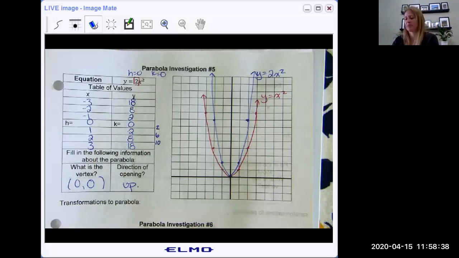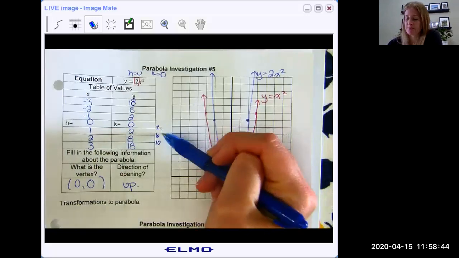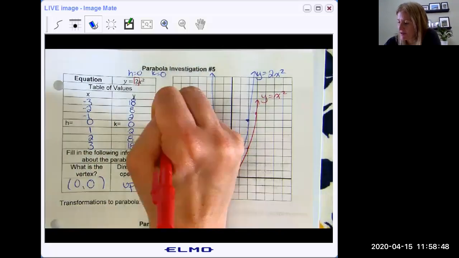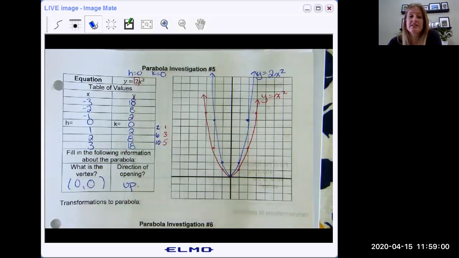Okay. So here we see that our step pattern is now over 1, up 2, over 1, up 6, over 1, up 10. If our parent function is a step pattern of 1, 3, 5, how have our step patterns changed? They doubled. How does that relate to our equation?